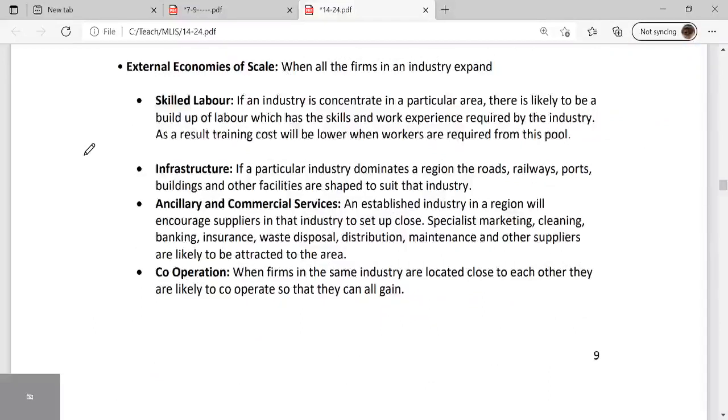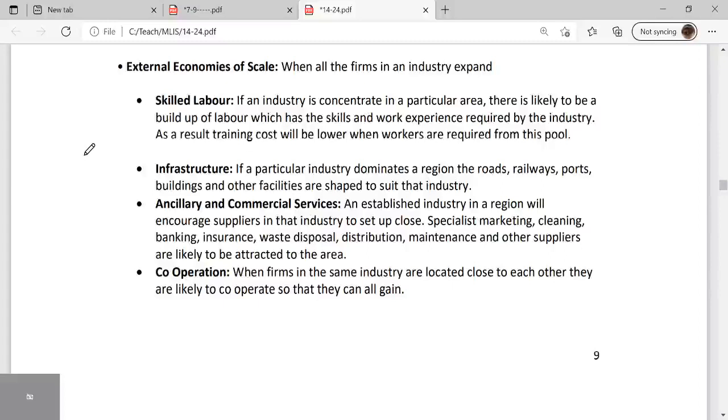It includes skilled labor. If the government provides better education and training to the workers and the people of the country, then all the firms in a particular region will have access to skilled labor.